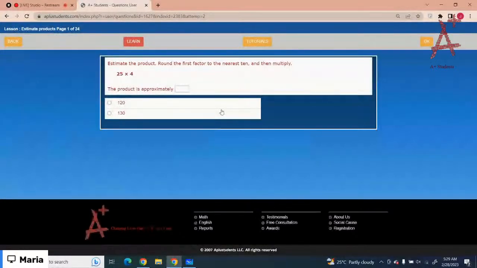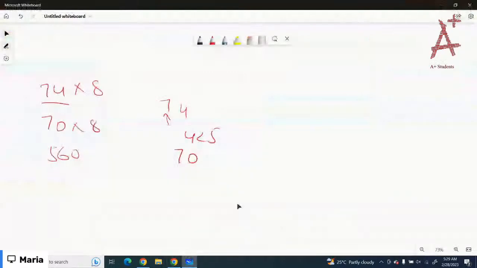Okay, estimate the product, round the first factor to the nearest 10 and then multiply: 25 times 4. You have to round off 25. Got it? So 25 is rounded off to, here you have 2. 2 is at the tens position and the digit right next to 2 is 5, and 5 is equal to 5.